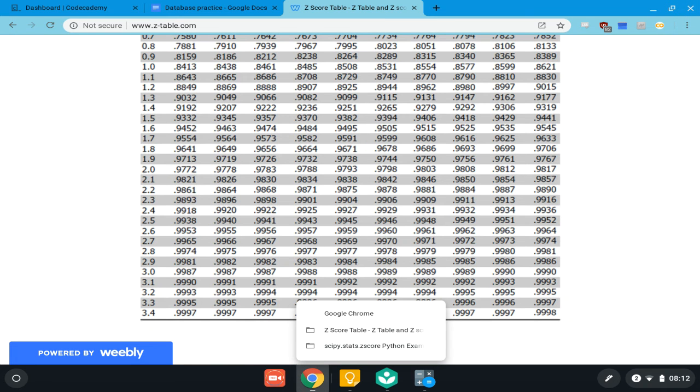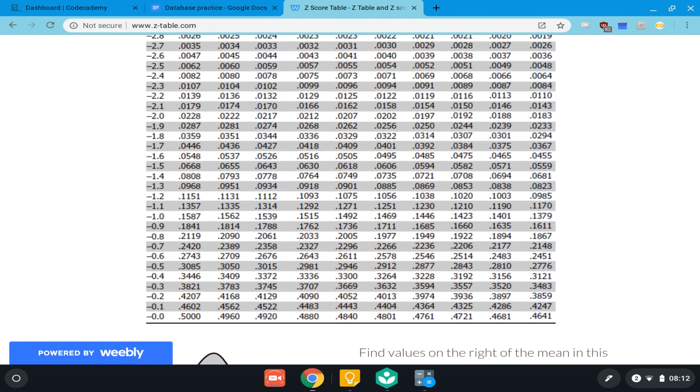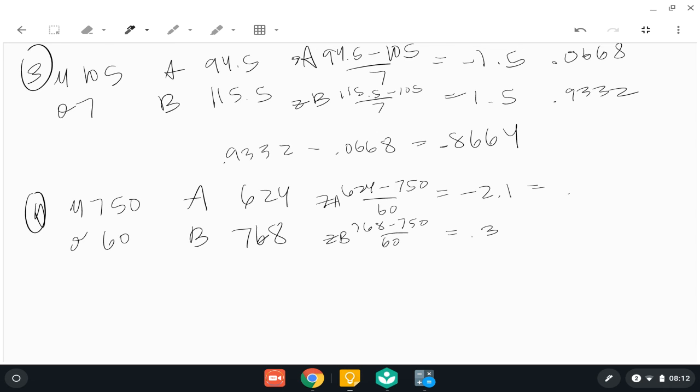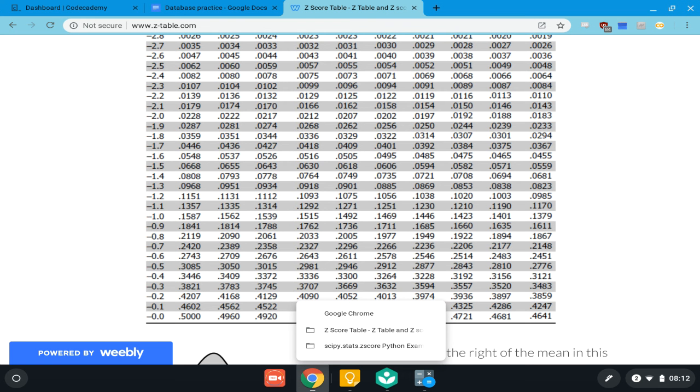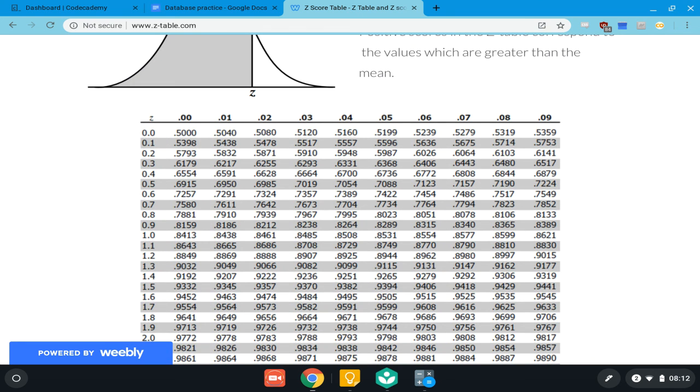So negative 2.1 gives 0.0179, and 0.3 gives 0.6179.